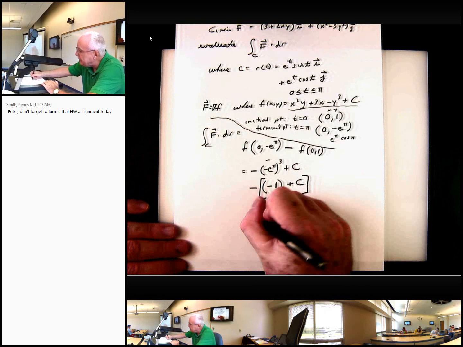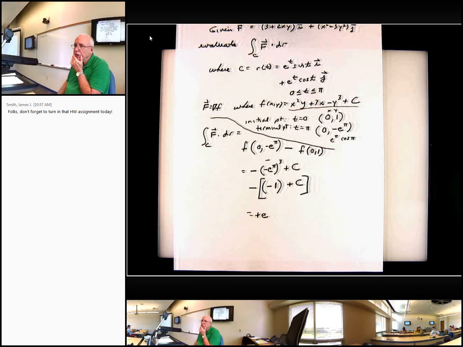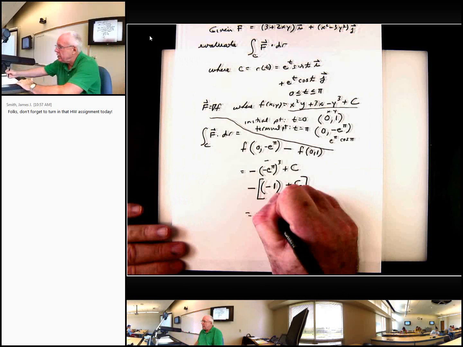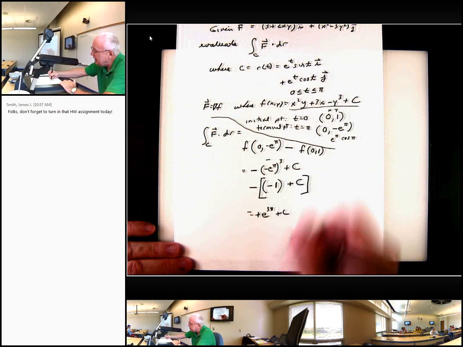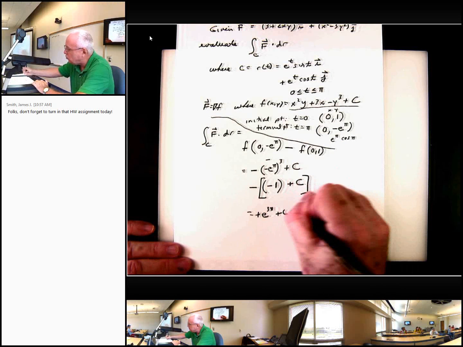And what power will e be raised to? 3 pi. Remember, Jenna, tattoo time: power to a power, you multiply the exponents. So 3 pi. And then we have a plus C, but I'm going to get rid of it in a second. Then we have a double minus for the 1, so that's going to be plus 1.